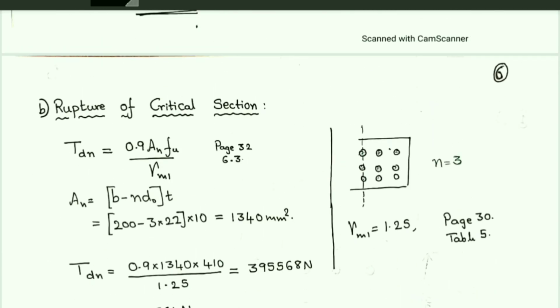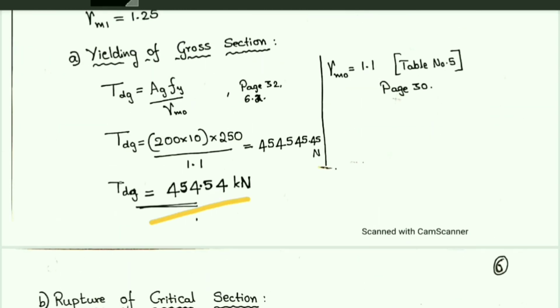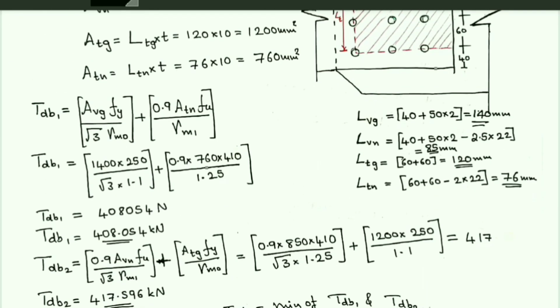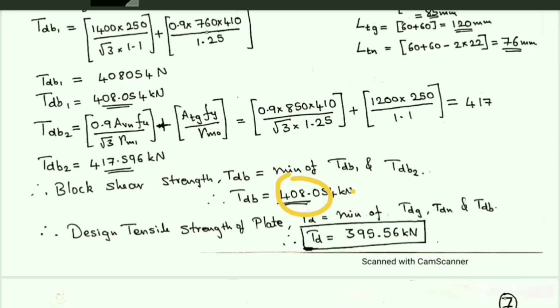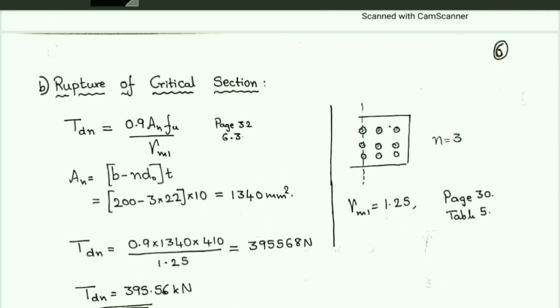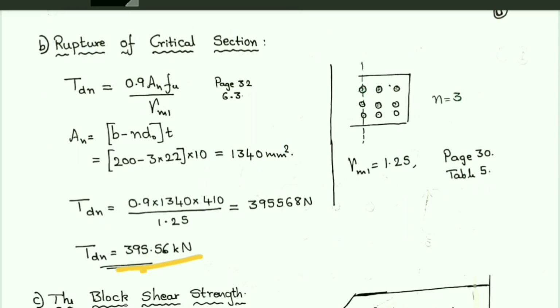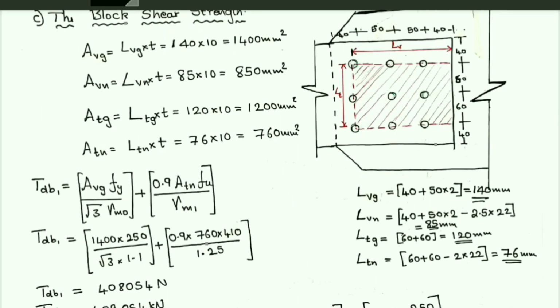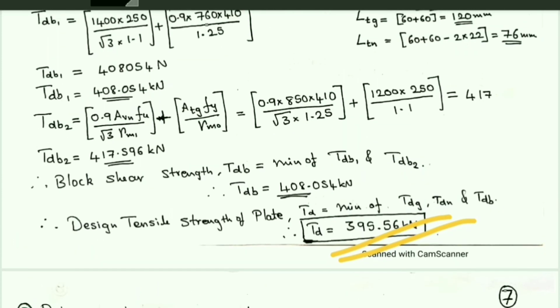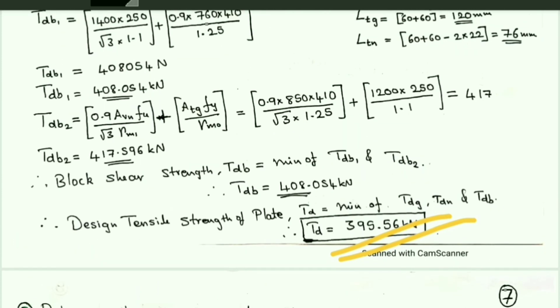Let us see here: TDG is 454, TDN is 395 and this is 408. So the minimum is the rupture strength, 395. This 395 will be the strength of the plate.